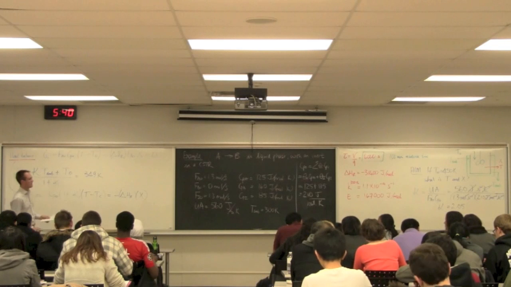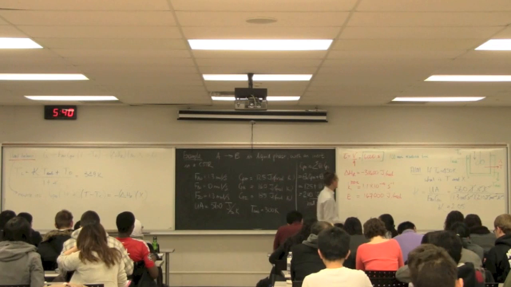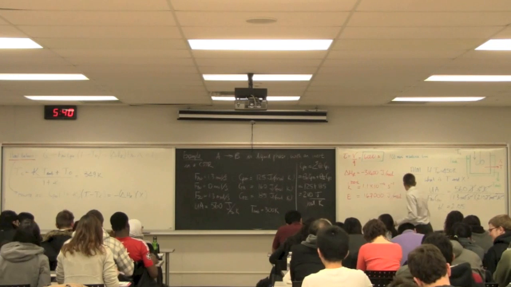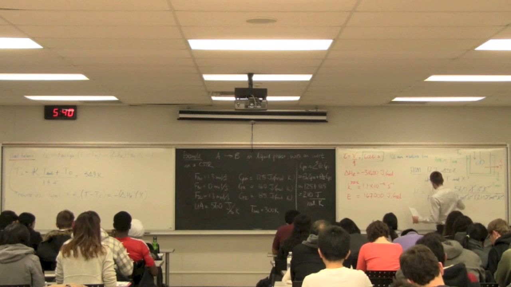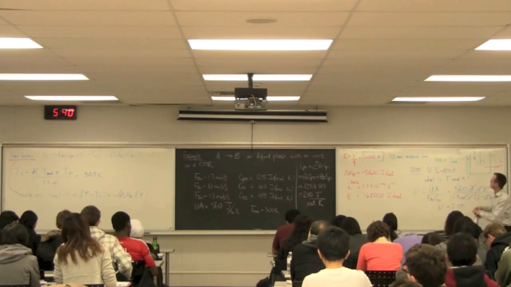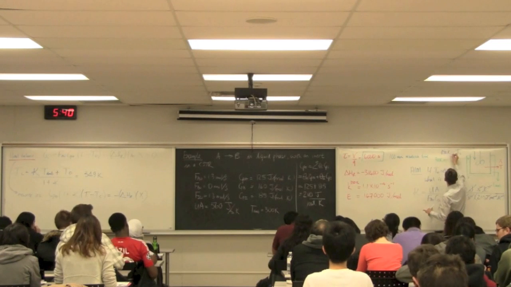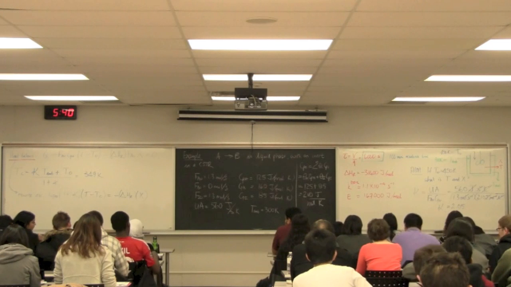Q is not equal to 0 because we have heat transfer in the situation. We have ambient material coming in at 300 Kelvin over here. So T_ambient in this example is 300, and T_0 coming in is 450. So our question that we're looking to answer is, what is this exit temperature T over here?